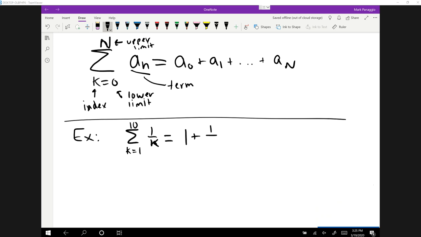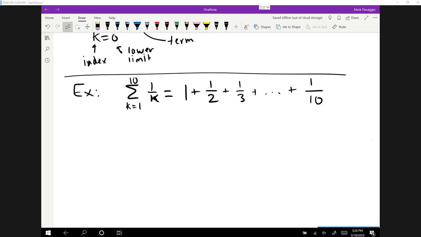And so we'll have a 1 over 2, and then 1 over 3, and so on, until I get to the last value, which is 10 in the denominator. So instead of just writing out all of the fractions, 1 over 1, 1 over 2, 1 over 3, and adding them up all the way up to 1 over 10, I can write this much more concise representation here on the left.